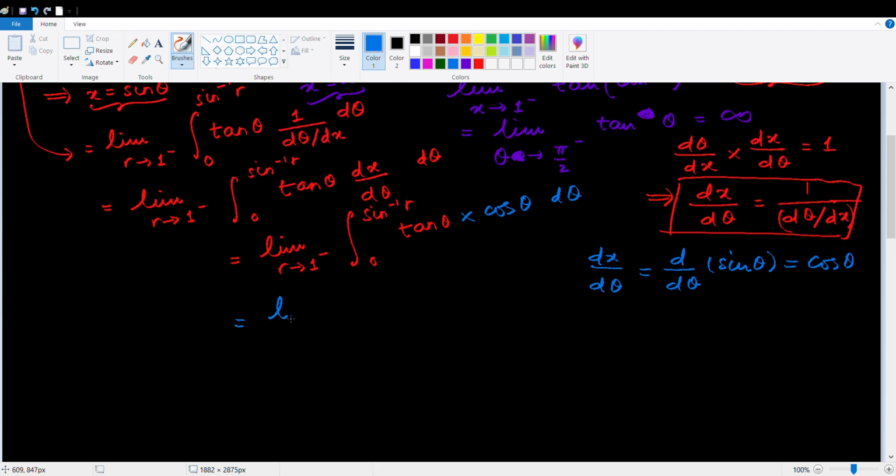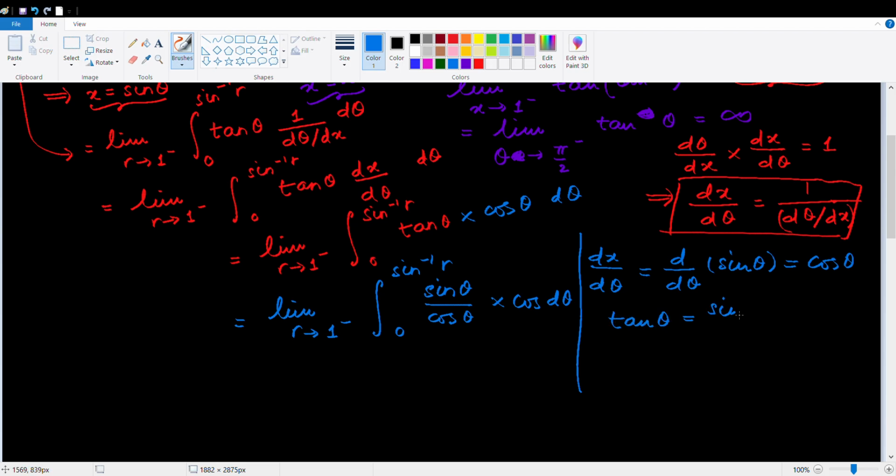So this will be equal to the limit r tends to 1 from minus, 0 to sine inverse of r, sine theta over cos theta times cos theta d theta, where I've used tan theta equals sine theta over cos theta.